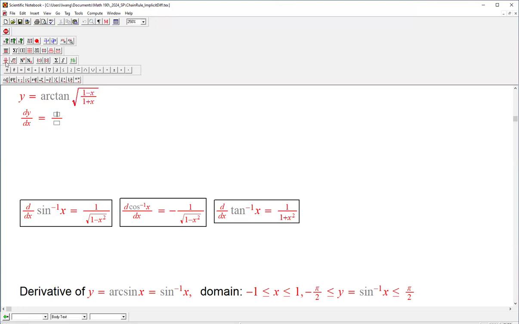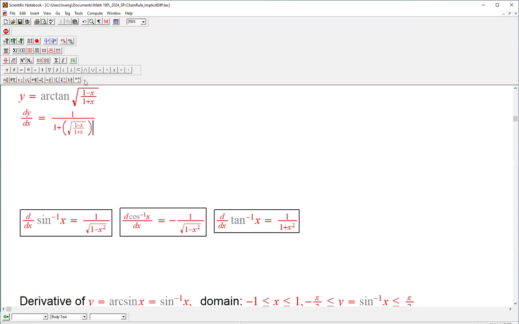So we're going to apply directly 1 over 1 plus u squared.